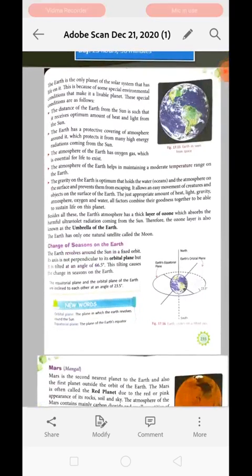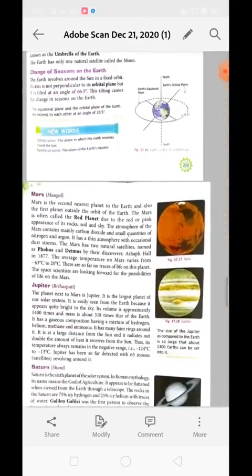Earth has gravity to keep all objects and the atmosphere on the earth. These are all the qualities of the earth which help life to sustain on it. Earth is slightly tilted from its axis, that is why the seasons change on the earth.